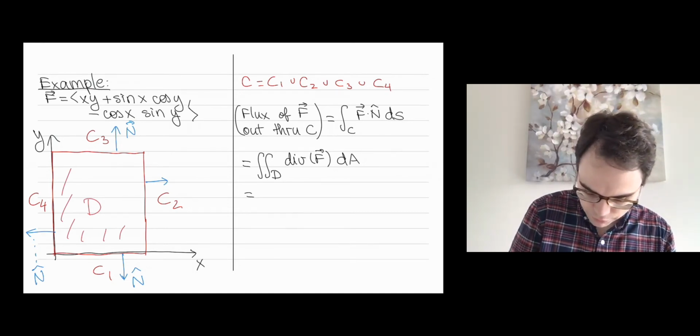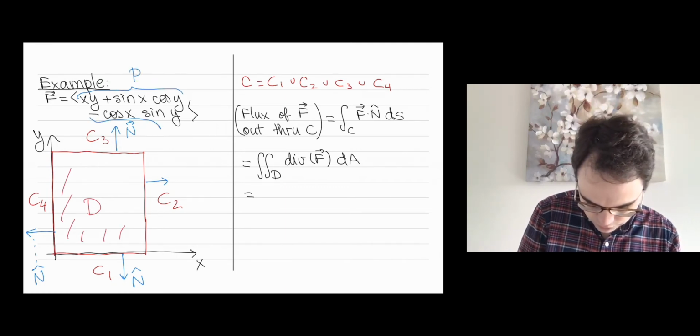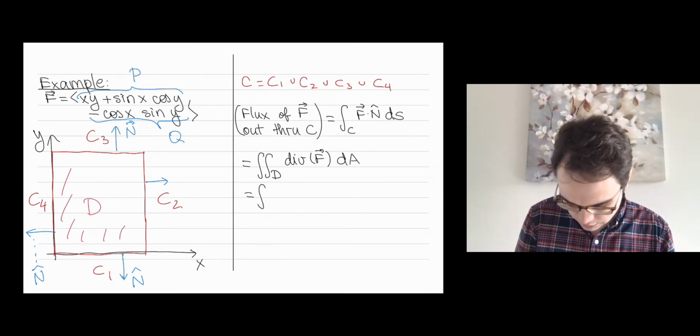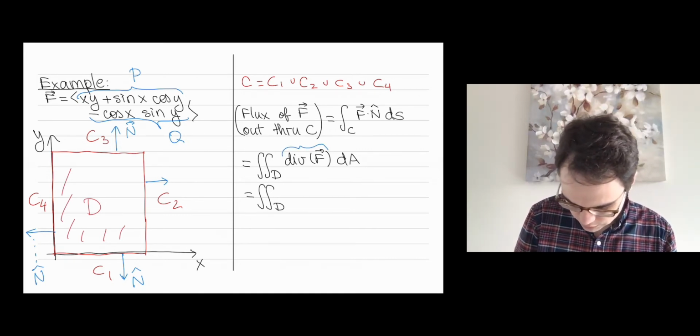Well, this here is the first component of the vector field, and this over here is the second one. So the divergence, recall, is the x partial of P plus the y partial of Q, right?